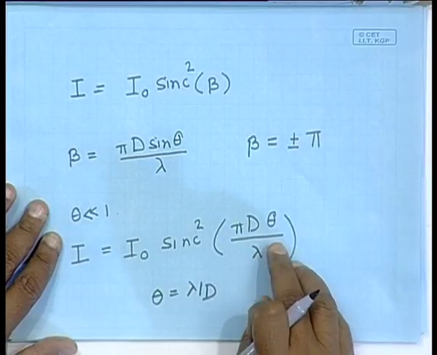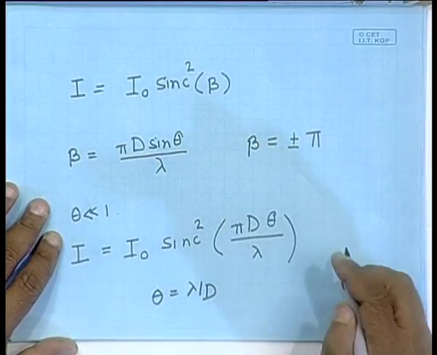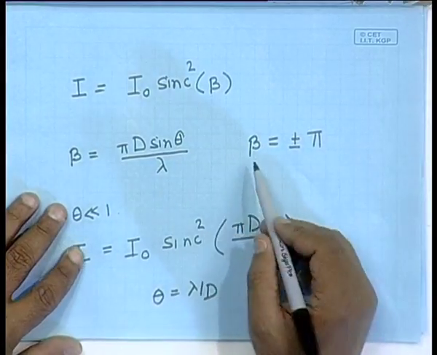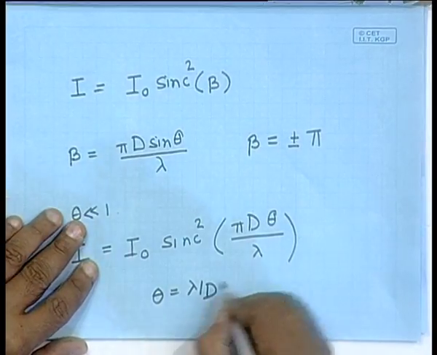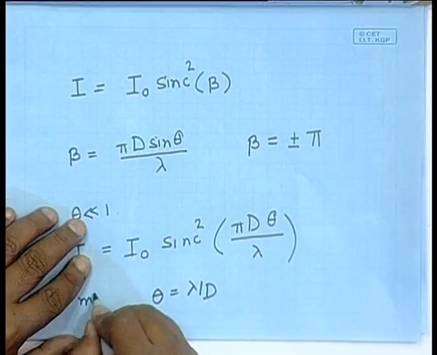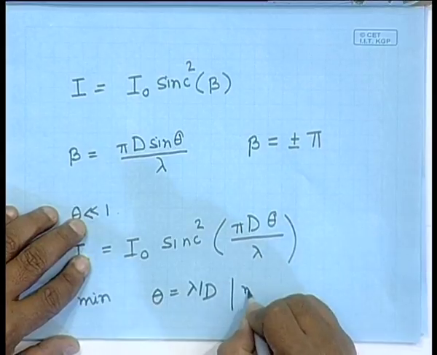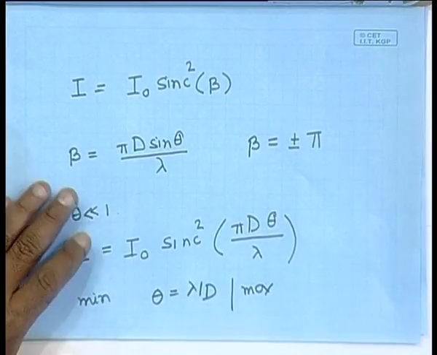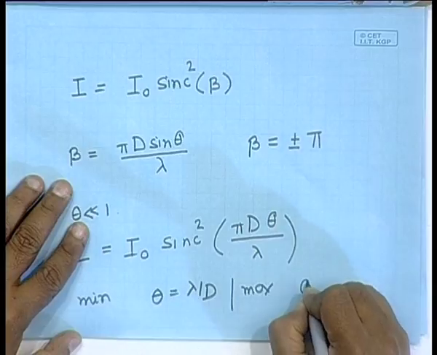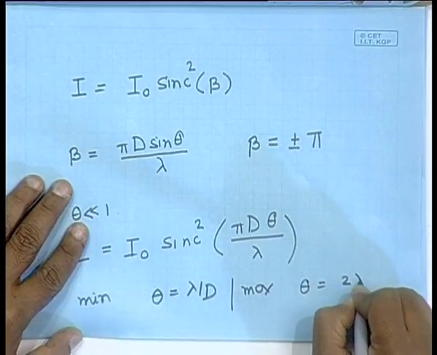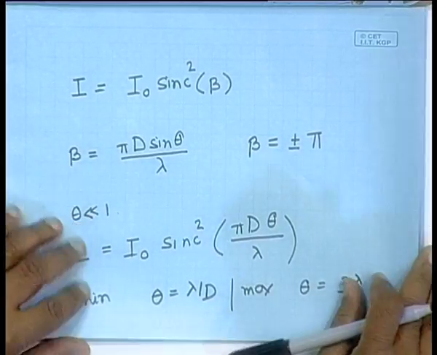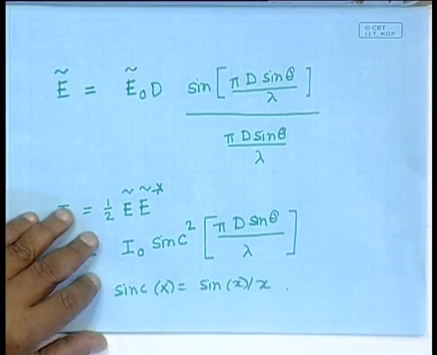It reaches a maxima when beta is plus minus 2 pi, or in this case, this is a minimum, it will have a maxima again, first maxima when theta is equal to 2 lambda by d, and so forth. You will have a pattern of minima and maxima.